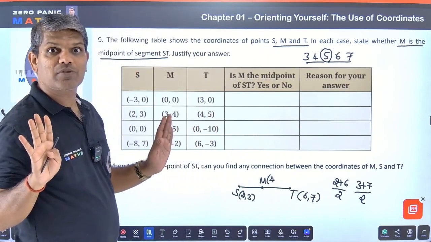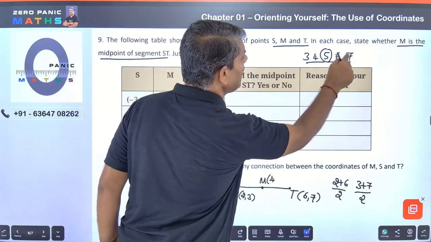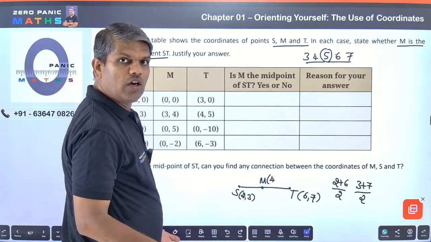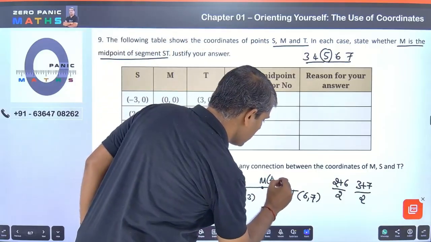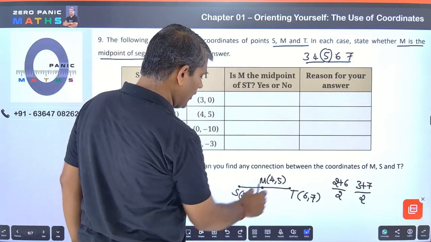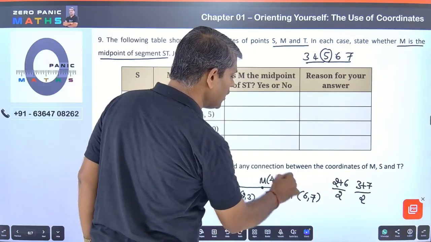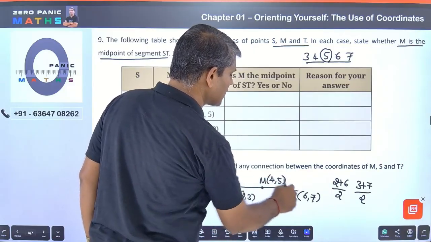Simple calculation. How do you find 5? By adding 3 and 7 divided by 2. So this is 4, 5. So when you get the coordinates 4, 5 for 2, 3 and 6, 7, you can say that M is the midpoint of S and T.